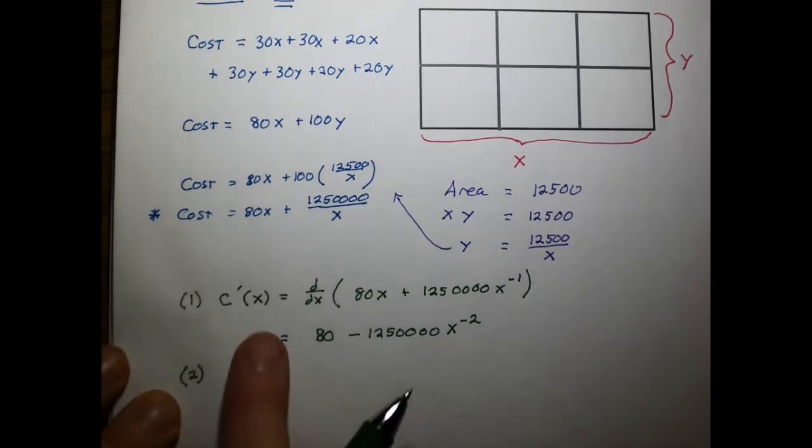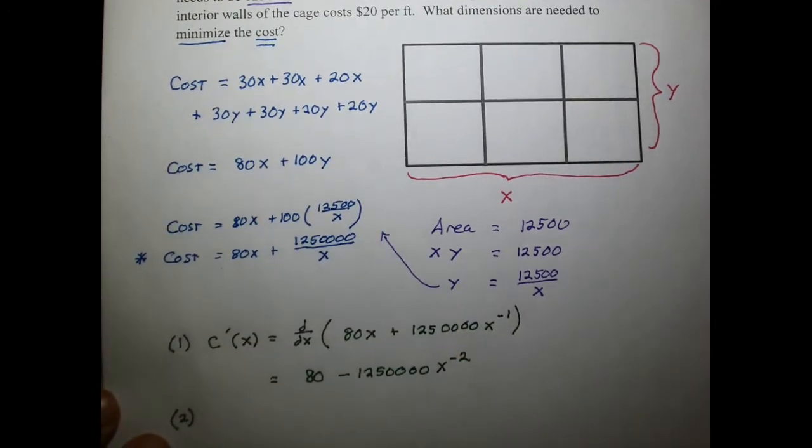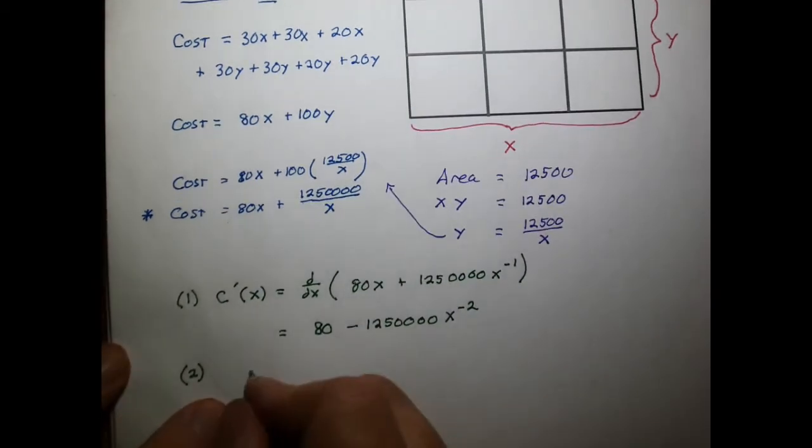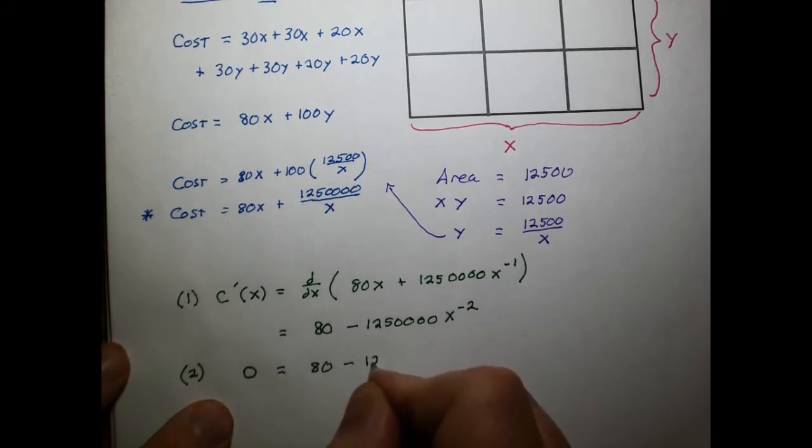All right, so now that we have the derivative, if we want to minimize the cost, we want to look to see where the derivative is going to be 0 and where it's going to be undefined. So to start with, I'm going to set the derivative equal to 0.